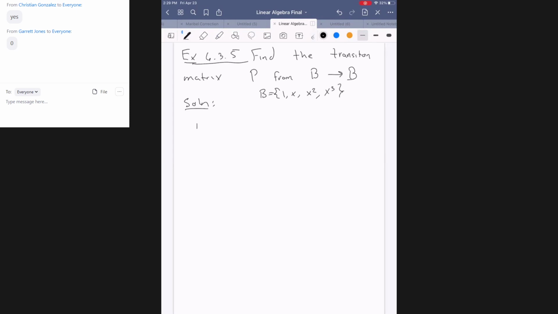So you're going to have 1 is equal to C1 times 1 plus C2 times x plus C3 times x squared plus C4 times x cubed. And then you have x is equal to the same thing, x squared is equal to the same thing, and x cubed is equal to the same thing. So let me just make copies of this.